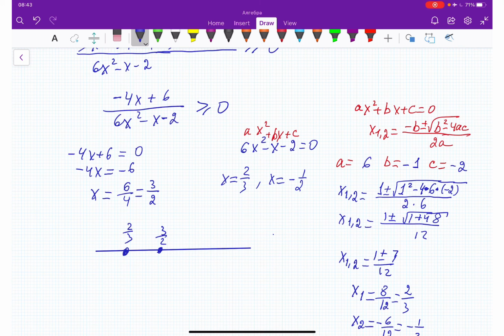And we are getting negative 1/2. Okay, this is what I will do. There we go. And negative 1/2, it's going to go this way. All right. So let's solve it.